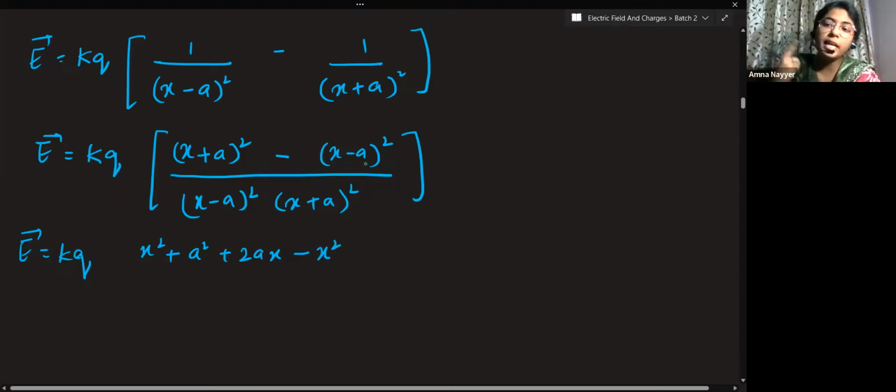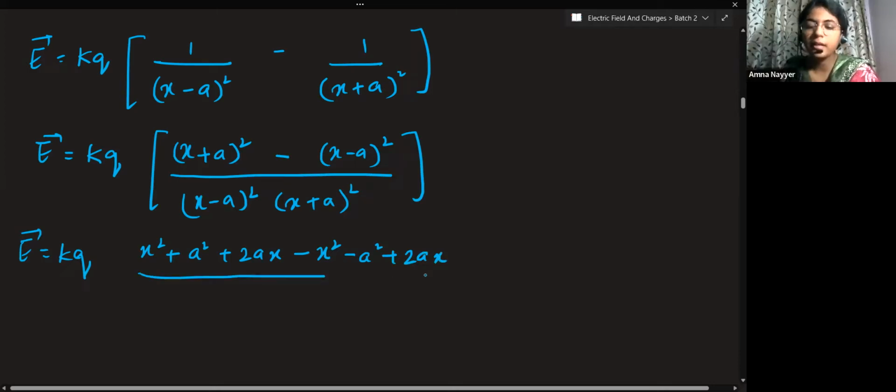It would have been a square; with the minus sign, it becomes minus a square. And it would have been minus 2ax; multiplied with this minus sign gives plus 2ax, divided by (x minus a) whole square, (x plus a) whole square.